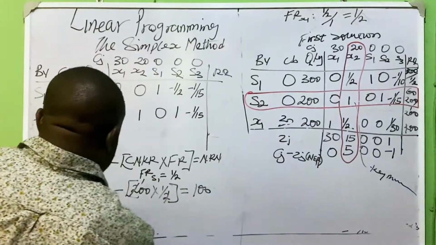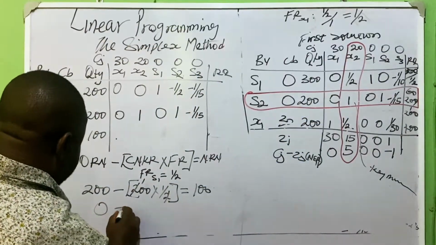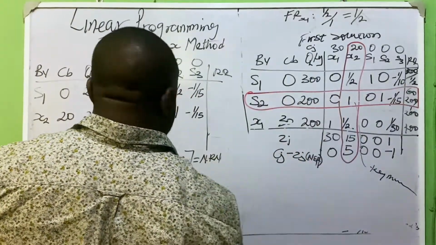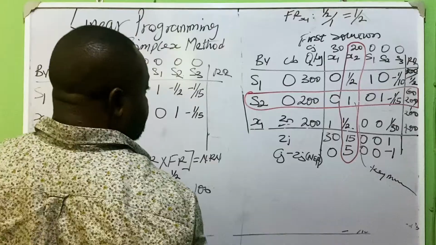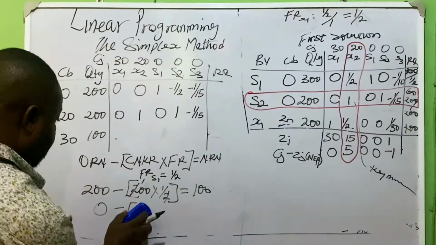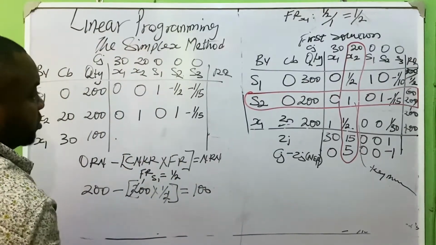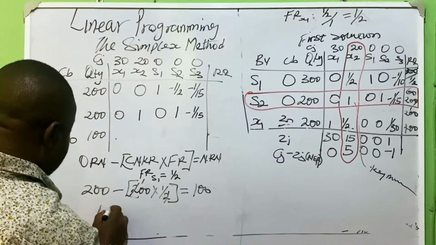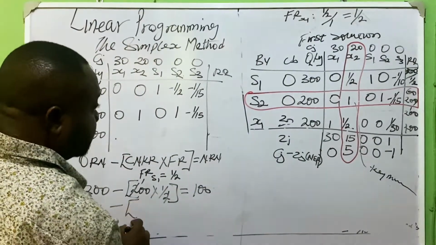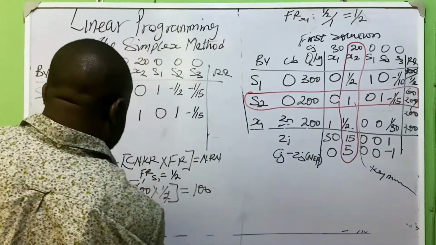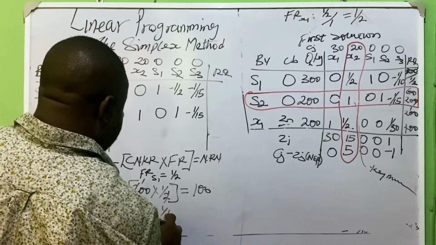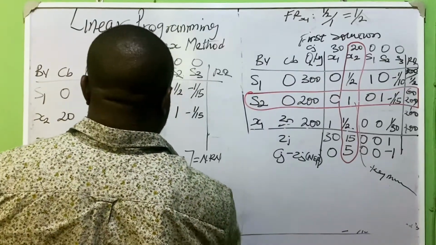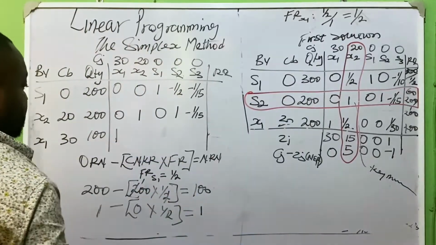So we're going to have 0 minus 0, the corresponding number. Sorry for that mix up. The transformation is on 1. So I have 1 minus 0, 0 multiplied by 1 over 2, which is 1. So sorry, this one is correct.